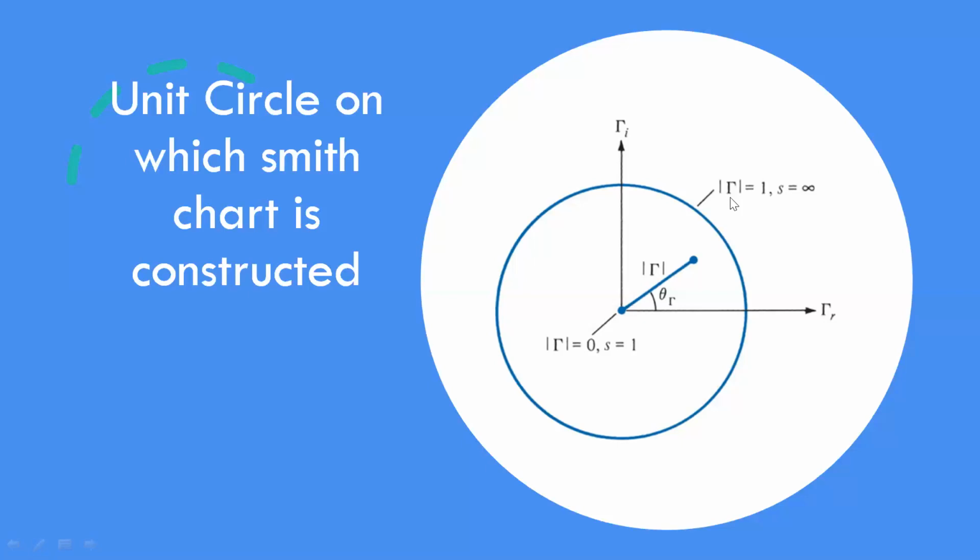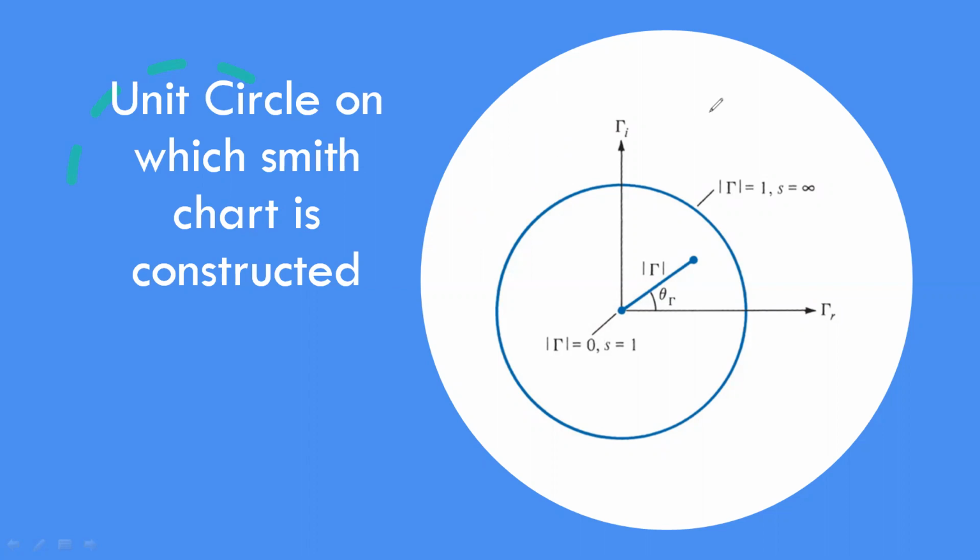That is nothing but the unit circle, gamma equal to 1, and the standing wave ratio S varies from 1 to infinity. We can get this from the equation discussed in previous sessions: S equals 1 plus gamma by 1 minus gamma. From this relation, S equals 1 for gamma equal to 0, and S equals infinity for gamma equal to 1.